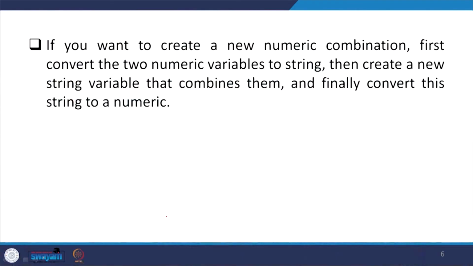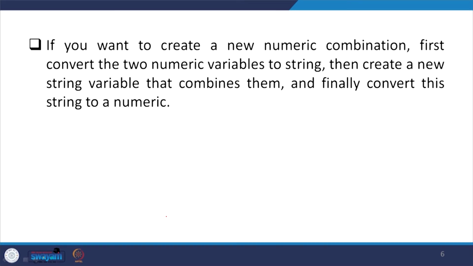You can convert, alright. So now accordingly, you can add or combine these two variables. If you want to create a new numeric combination, first convert the two numeric values to string, then create a string variable that combines them, and finally convert it to numeric.